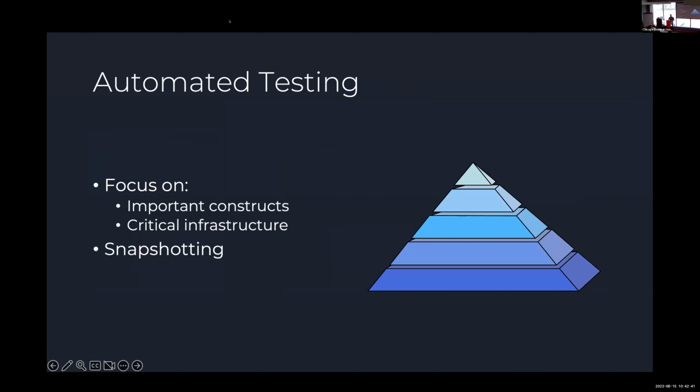So automated testing is another piece to level up your CDK usage. I'm not saying test all of your CDK, all of your resources. If you're not careful, you're going to end up more or less having two copies of your code. You're going to have the test version and you're going to have your live version. And there's really not going to be much difference, or your test version is just going to look like CloudFormation scripts.